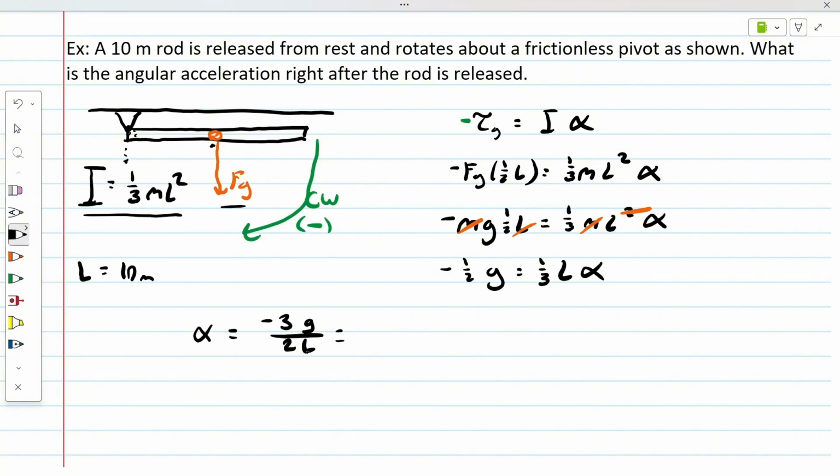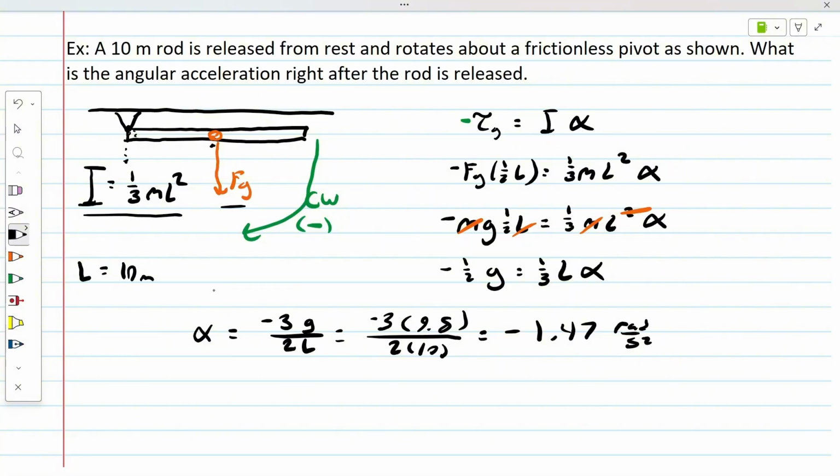And now we know what the length is, that's the only thing it really gave us, and we know gravity obviously. So we can now plug in these values, and 2 times length, which is 10. And so we get a negative 1.47 radians per second squared.